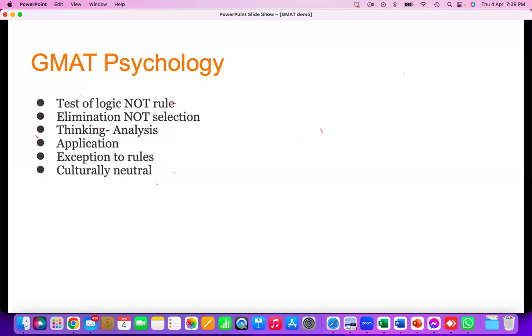Exception to rules: in a few cases, you may find exceptions to rules also. You should know that. Culturally neutral, because it is written by people all across the world. Fine. That's why it is culturally neutral. Okay. So these are important points regarding GMAT. Fine. So I think there should be no confusion, GMAT or GRE, GMAT or CAT. Clear?